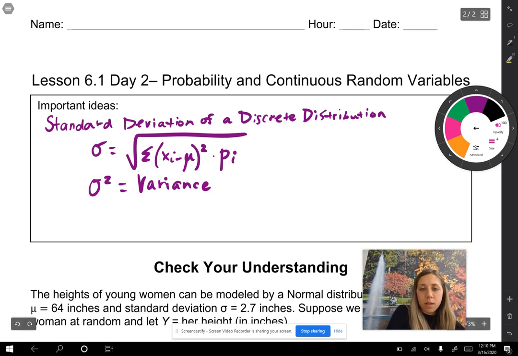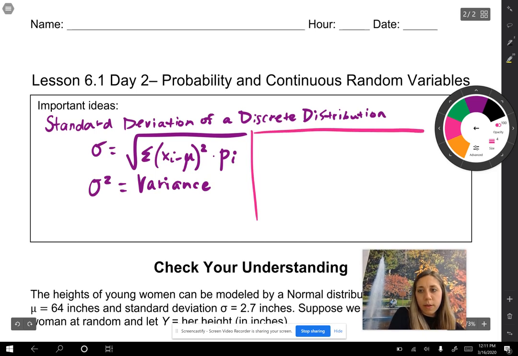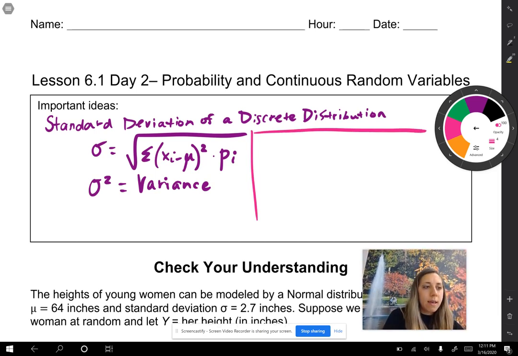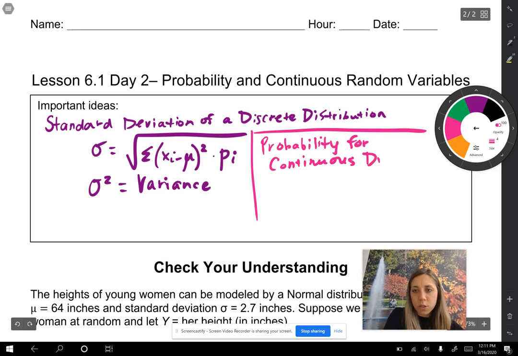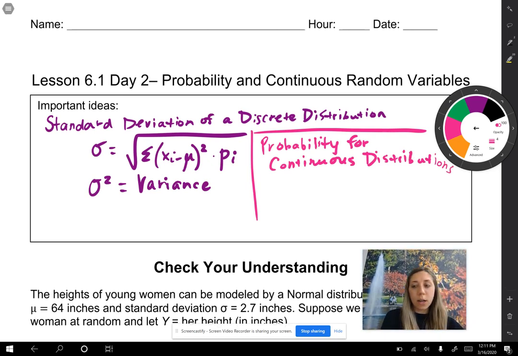Secondly, let's talk about what's going to be part of your check your understanding. A little recap, because we did this way back in chapter 2, but it's something that's come up quite a bit along the way. Probability for continuous distributions is basically just area under the curve.